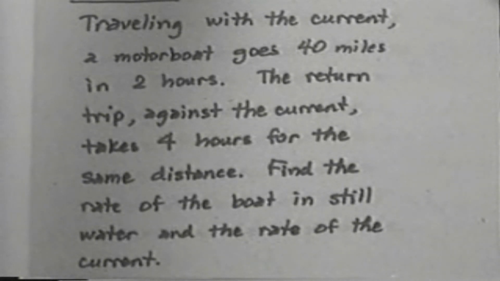Find the rate of the boat in still water and the rate of the current. After you're sure you have it all copied down correctly, stop the tape, work the exercise, and then restart the tape to check your answer.